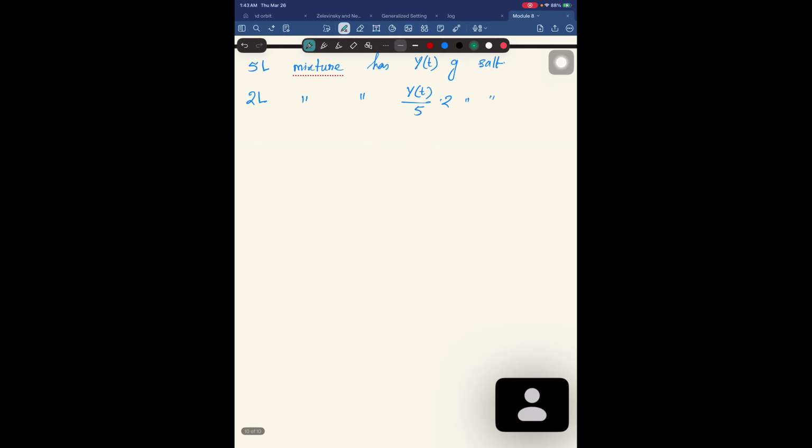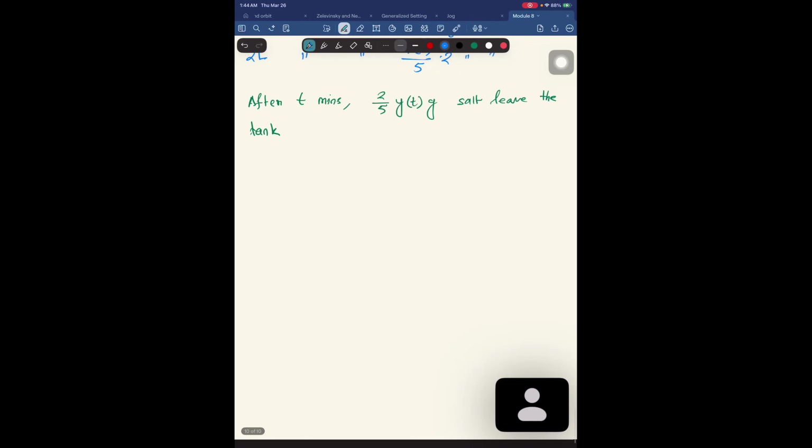So after t minutes, 2y(t)/5 gram salt leave the tank, right? So what is the equation?